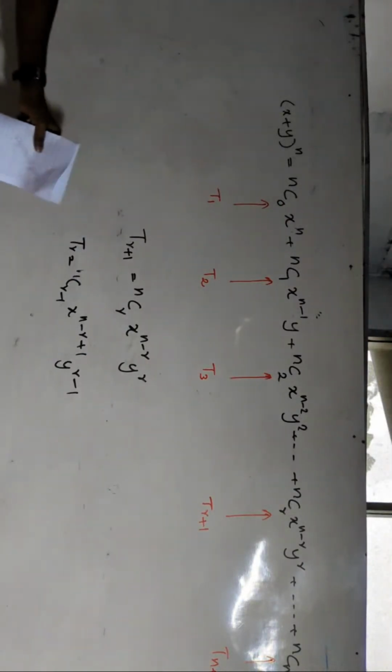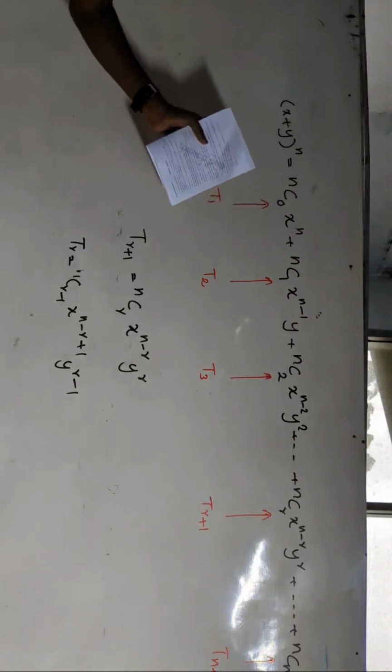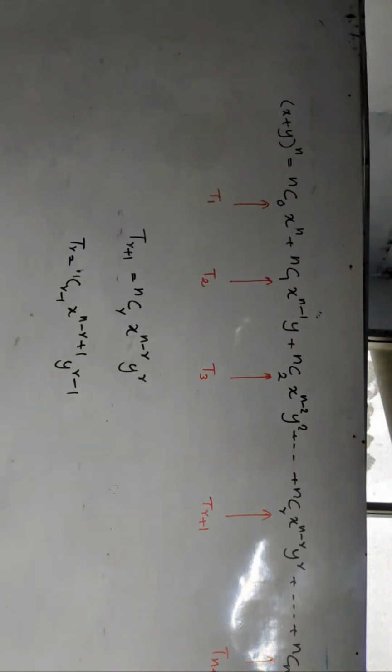Don't write down these two, only the expansion. And name these as T1, T2, and so on up to T n plus 1.